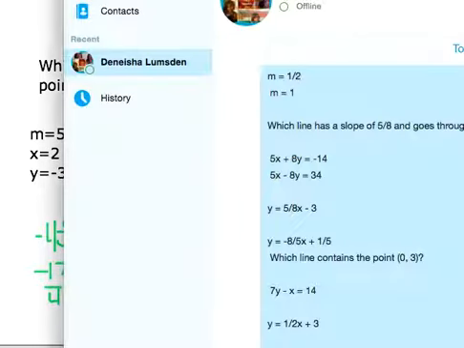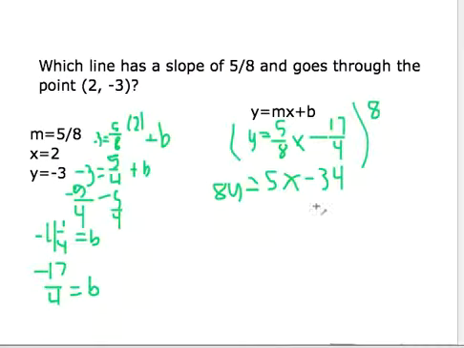Then I look over here, I'm like, oh man, well that's really similar to this one, but my 34 is positive. So let's start by bringing it over to this side to see if we can make it positive. If I add it to that side, I have to add it to this side. So then I end up with 8y plus 34 equals 5x.